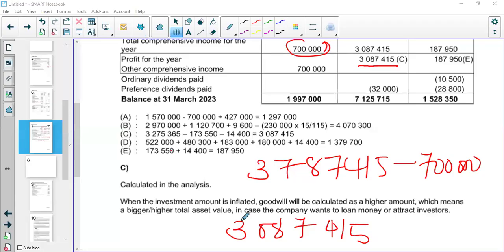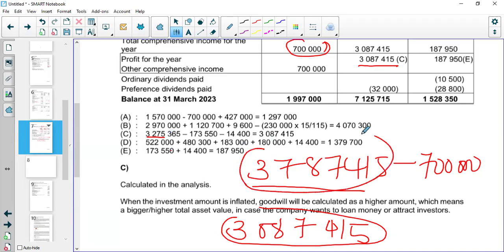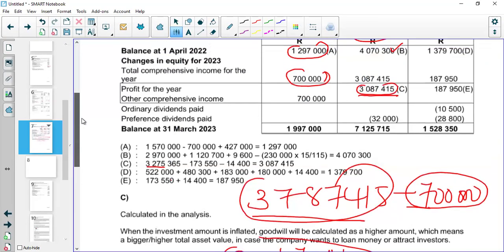Right, so this is the share. I did a separate calculation here. Right, so we just said the share of total comprehensive income minus share of revaluation surplus. Then we get the profit for the year share, right? So that's not even difficult.